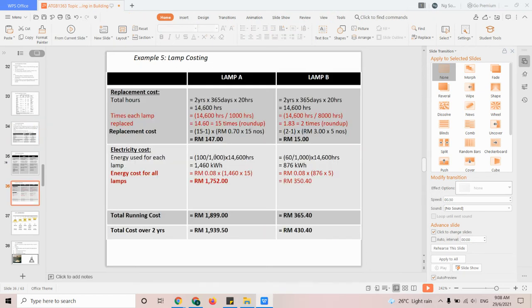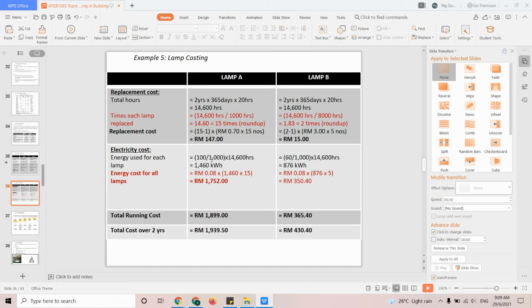Just divide the initial watt you have by 1000, and you'll be able to get how much energy is used for these lights. So here, after computing it, you get that each of these lamps uses 1460 kilowatt-hours to operate. So what about the rest?